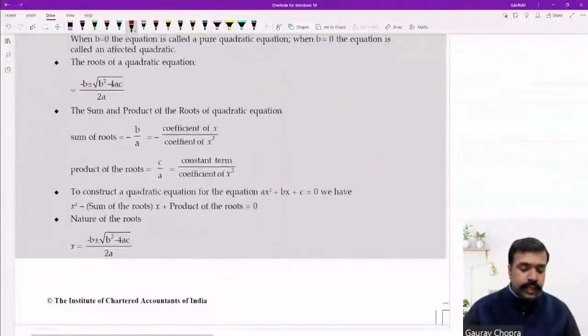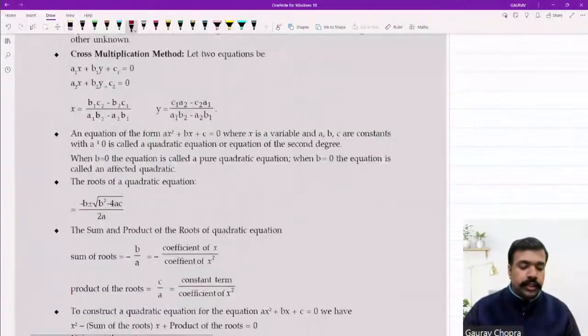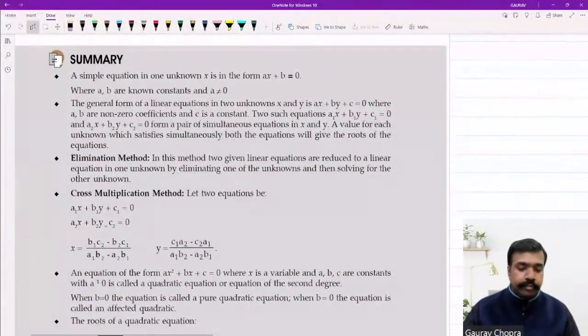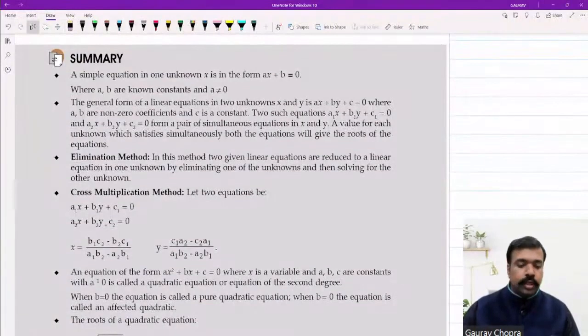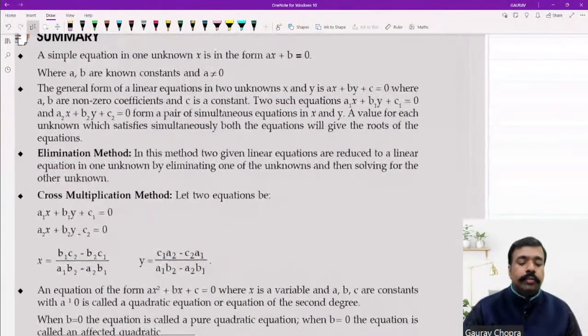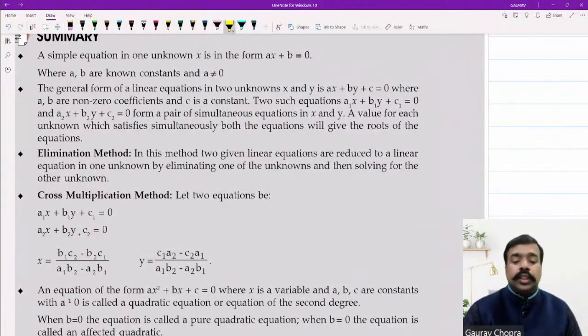So now let us summarize what we have discussed in the chapter. In the beginning, we talked about the simple equation, that is the linear equation, the format of which is ax plus b is equal to 0. And the value of a, that is the coefficient of x, should not be equal to 0. Otherwise, only the constant will be available and nothing else.